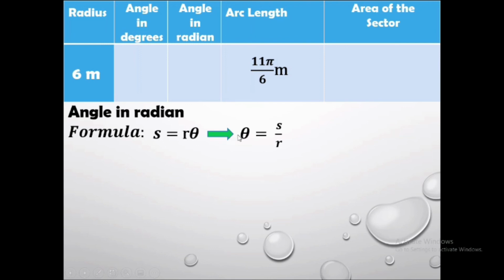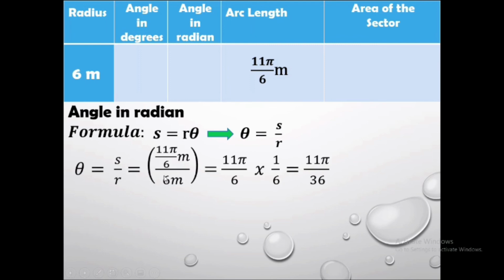Since the arc length is given, we are going to use this formula: theta equals S over r. So, substitute the value of arc length and the radius. We have 11 pi over 6 over 6 equals 11 pi over 6 times 1 over 6 equals 11 pi over 36. So, this is the radian.